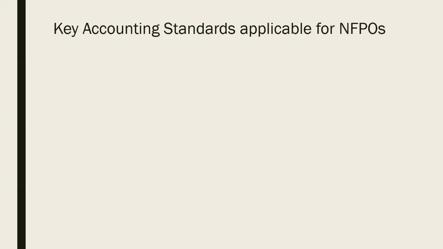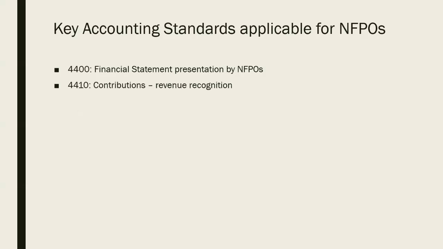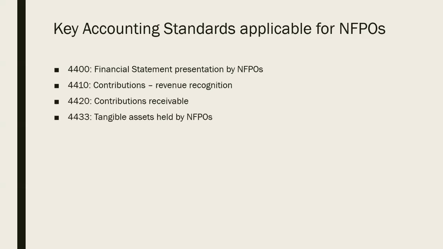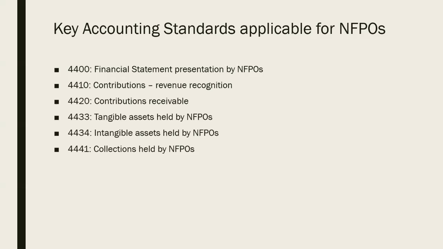The key accounting standards that apply to not-for-profit organizations from Part 3 of the Accounting Handbook are Section 4400, which describes the financial statements required by not-for-profit organizations, Section 4410, which deals with contributions and revenue recognition by not-for-profit organizations, Section 4420, which relates to contributions receivable, 4433, which talks about tangible assets held by not-for-profit organizations, Section 4434, intangible assets held by not-for-profit organizations, Section 4441, collections held by not-for-profit organizations, Section 4450 deals with reporting by not-for-profit organizations of controlled and related entities.